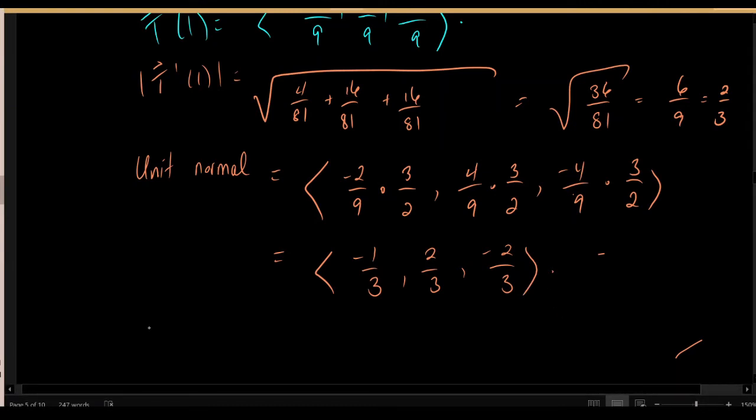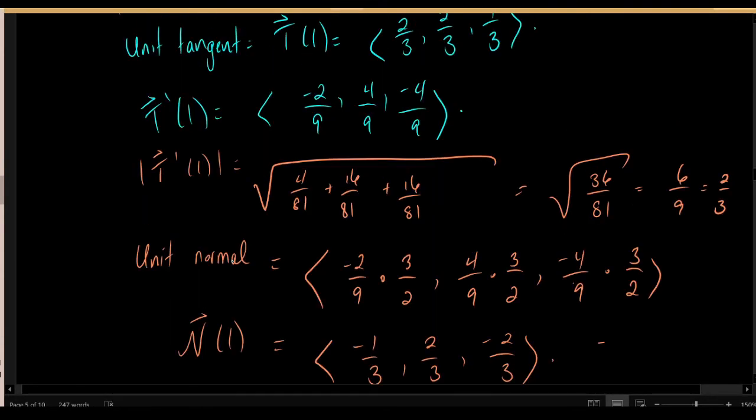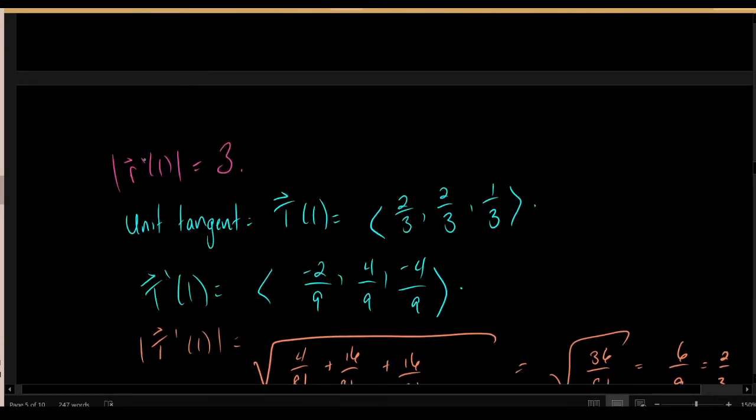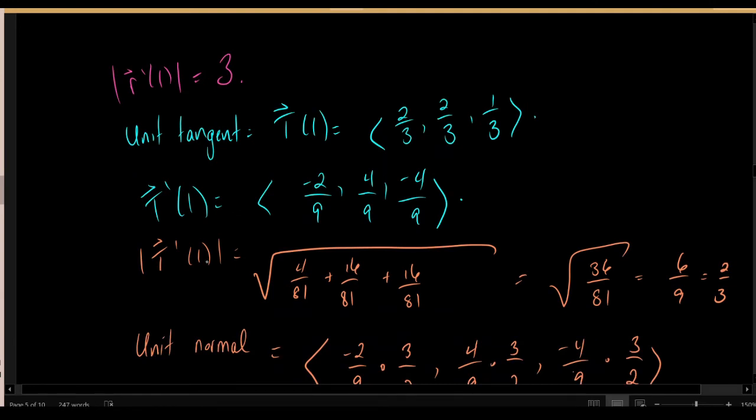As of this moment, we actually also have all the components that we need to get the curvature. We have the length of r prime and the length of t prime. The curvature is just equal to the length of t prime divided by the length of r prime.